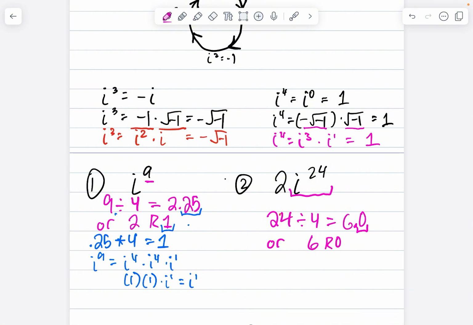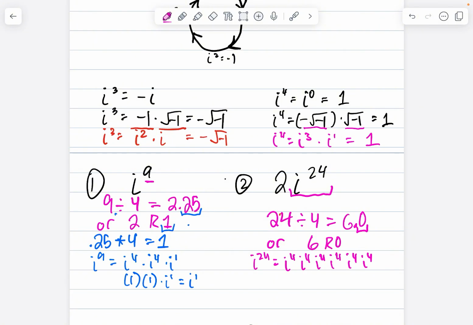So what you can do is you can write equivalently, right? You could say i to the 24 equals i to the 4 times i to the 4 times i to the 4 times i to the 4 times i to the 4 times i to the 4.